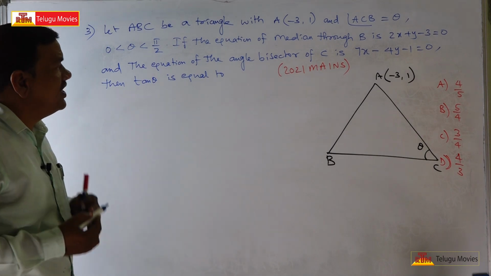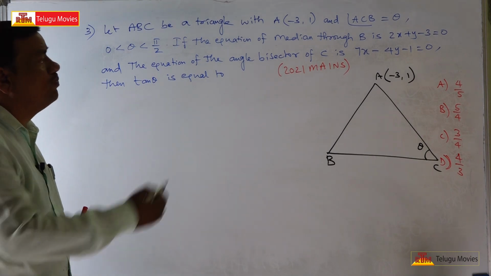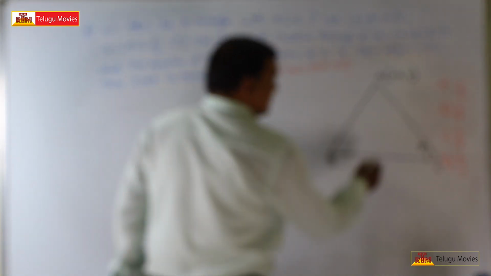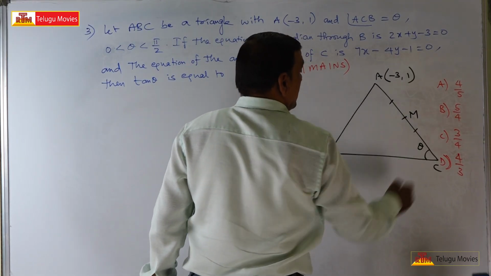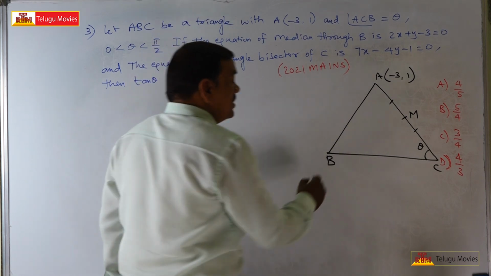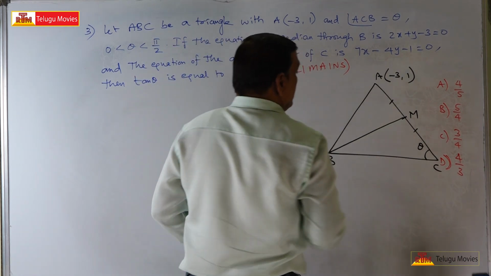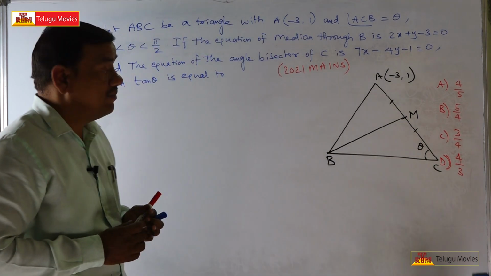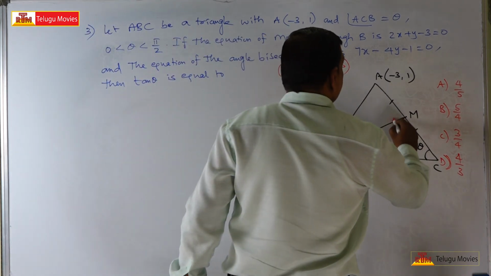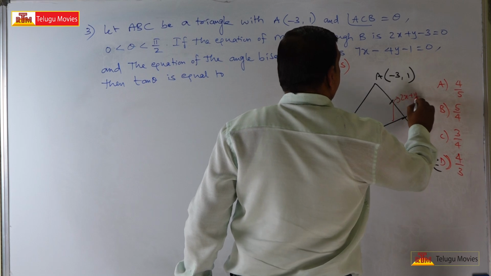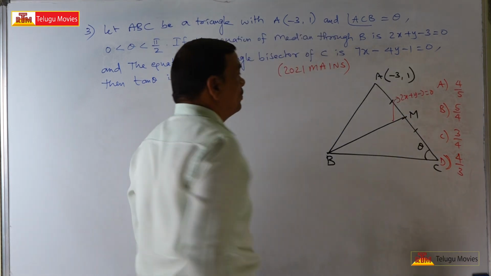Clear. If the equation of the median through B is, so you have to take the median. So let M be the midpoint of AC. Therefore, BM be the median. Its equation is given as 2x plus y minus 3 is equal to 0.